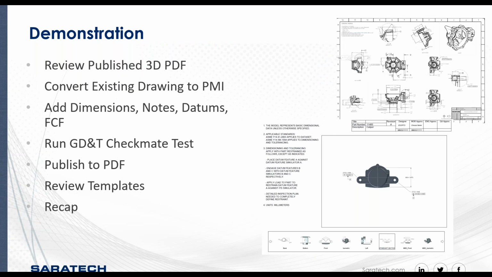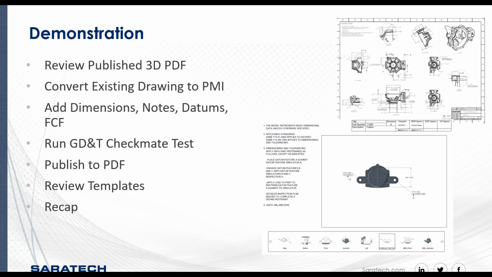Okay, so here's a quick overview of the demonstration for today. We'll first start off with just a quick review of a published 3D PDF that exists. Take a look at how the end user will interact with this PDF. And then we'll start and create one ourselves.